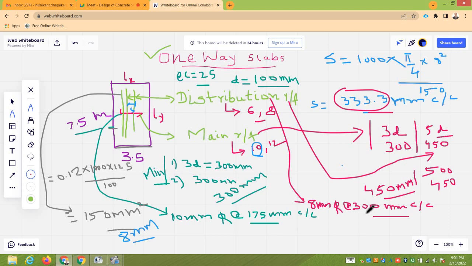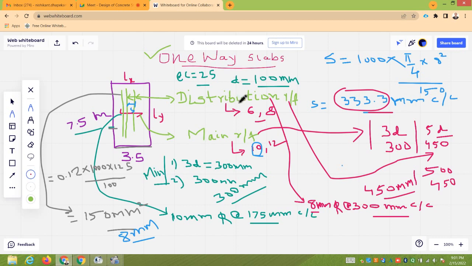Now this selection of diameter of bars you are free to select. Someone can design distribution reinforcement in one-way slab panel using 6 mm bars also. So that depends upon you. And how to calculate the steel AST I have already explained in my previous lectures.